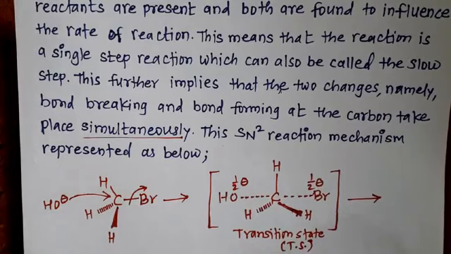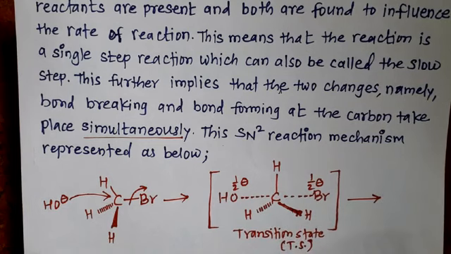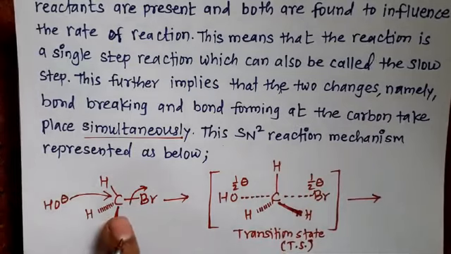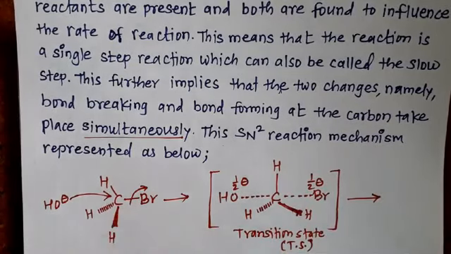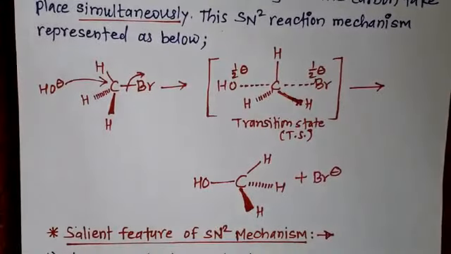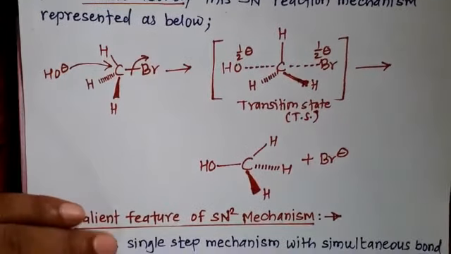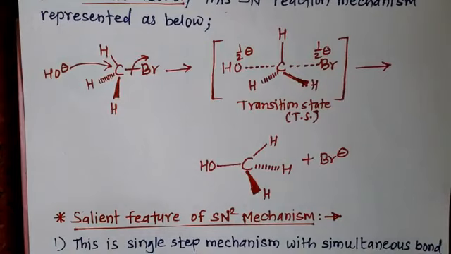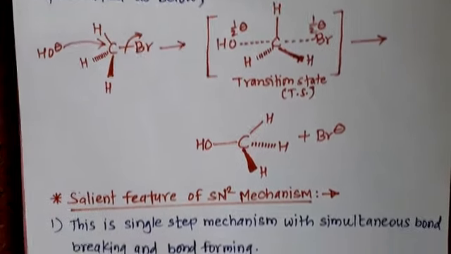And here this Br minus is detached from this carbon as leaving group. Now we see how this mechanism takes place, or salient features of SN2 reaction mechanism.